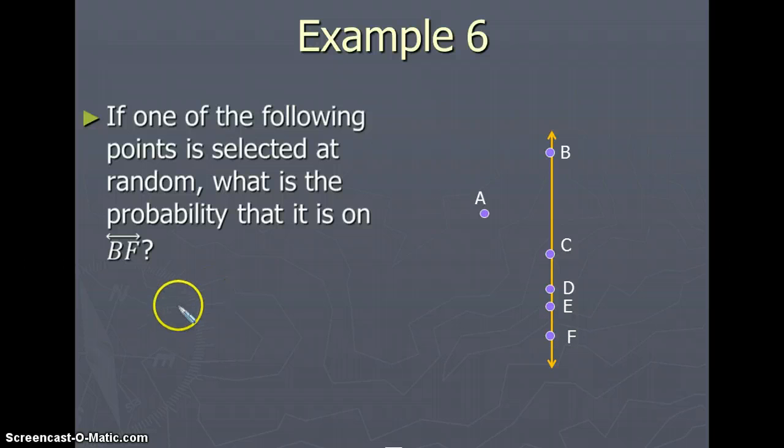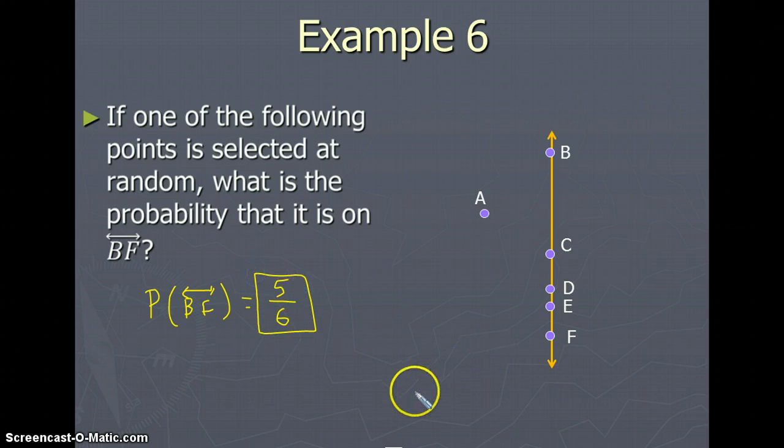That's point A that's just floating to the side. So we're going to call this the probability of BF, and we said there were 5 on there out of 6 total. Now we cannot reduce that at all, so our problem is done. And that's it for basic probability stuff.